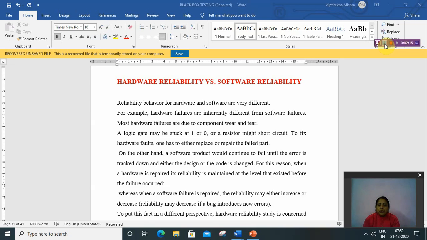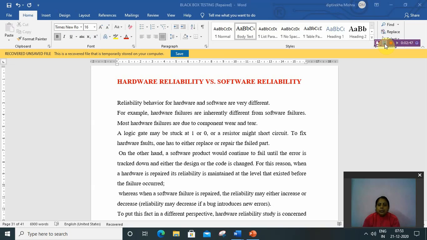When a software makes an error, we have to remove the error. When the hardware component is repaired or replaced, the reliability is maintained. But when software is repaired, when the error is removed, the reliability may increase or decrease.